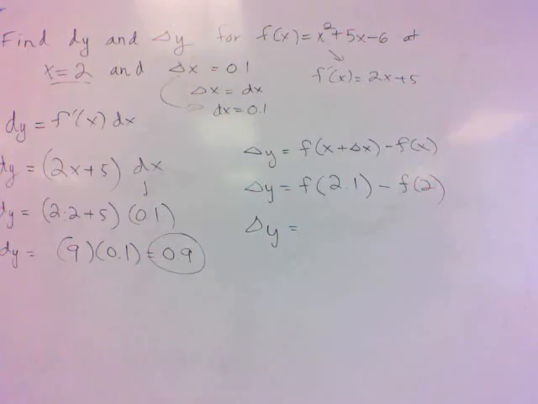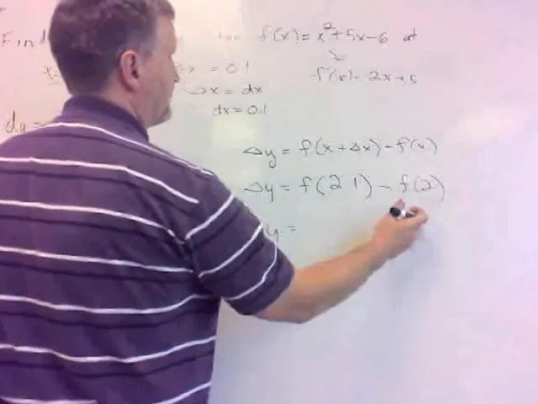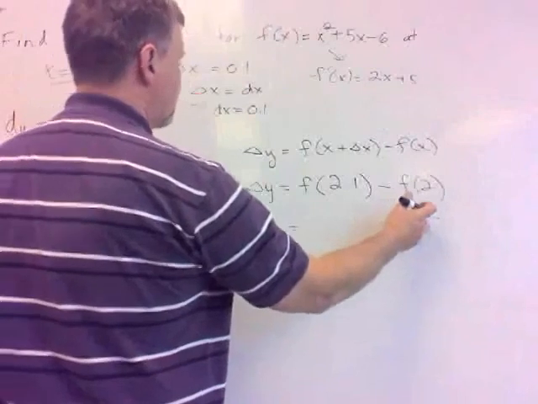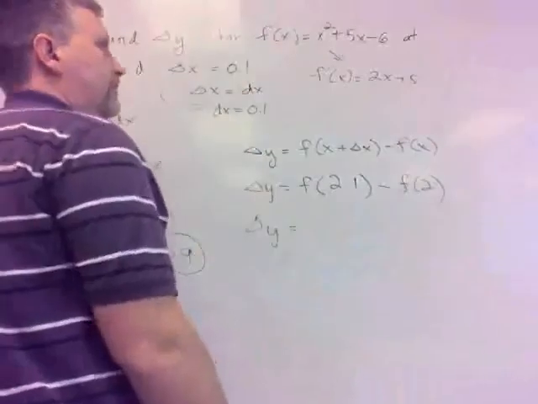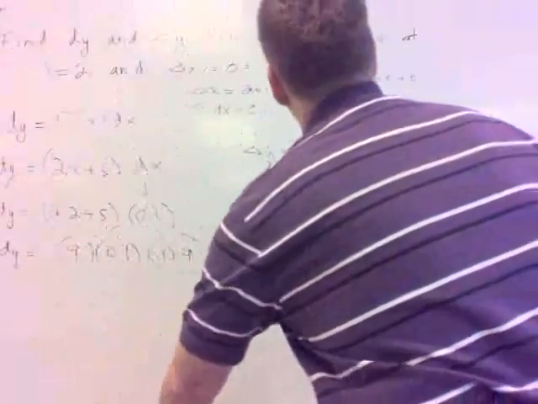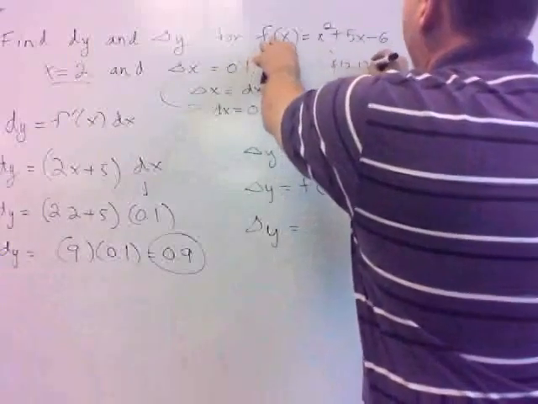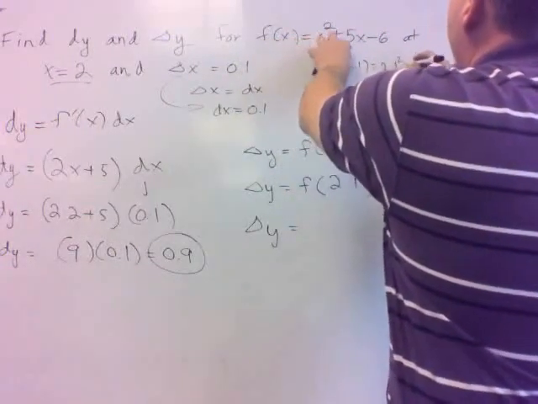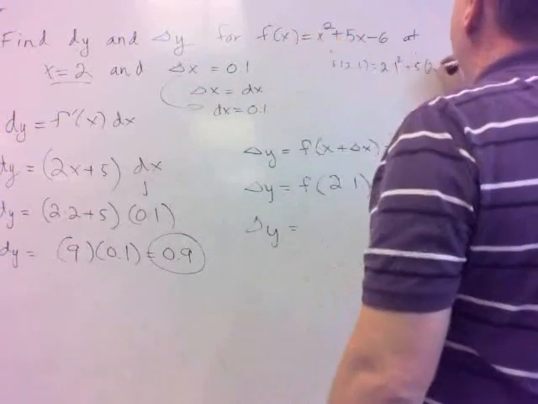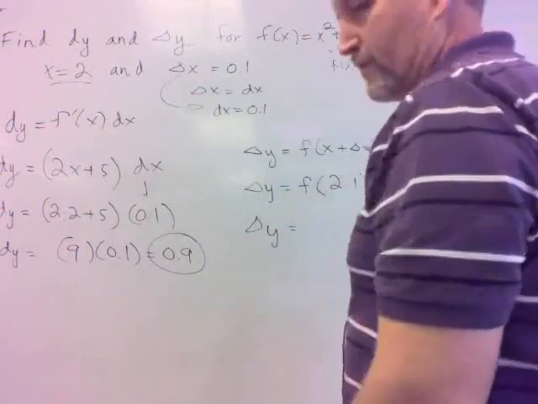And so f of 2.1, just plug in 2.1 right here, right? Be 2.1 squared plus 5 times 2.1 minus 6, whatever that gives you.